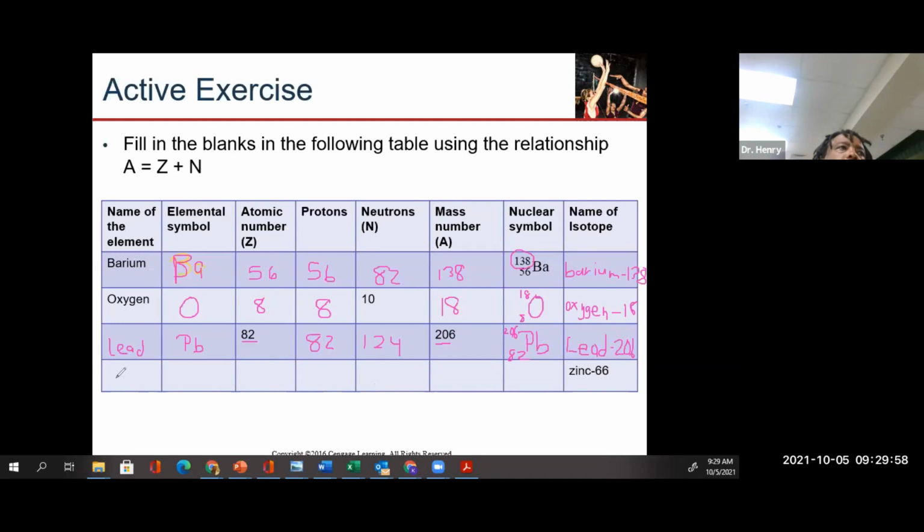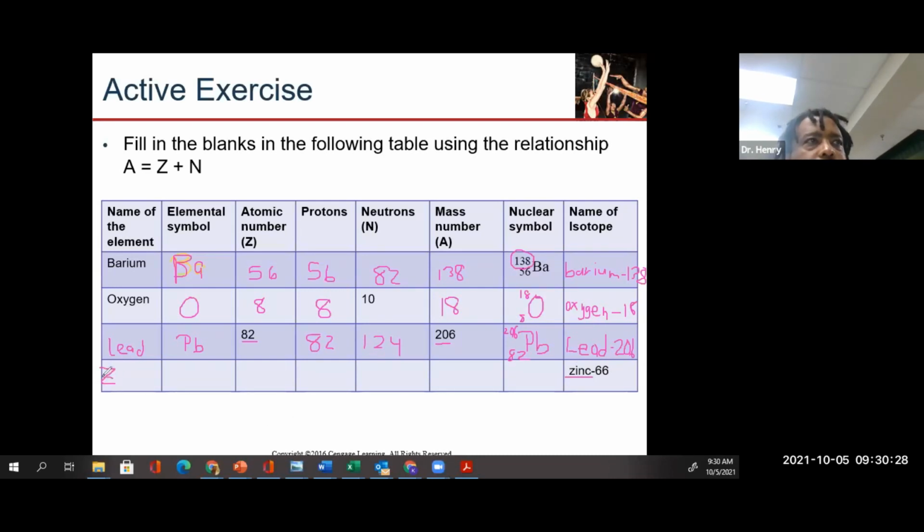And then the last one, the element that we're going to be talking about. This is our hint. What is it? That's right, zinc.